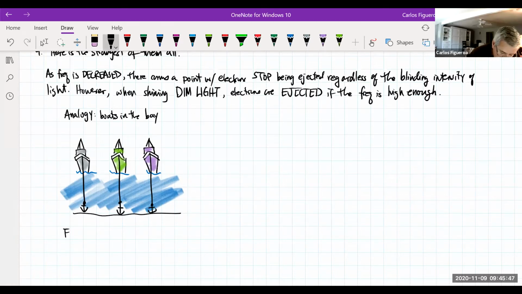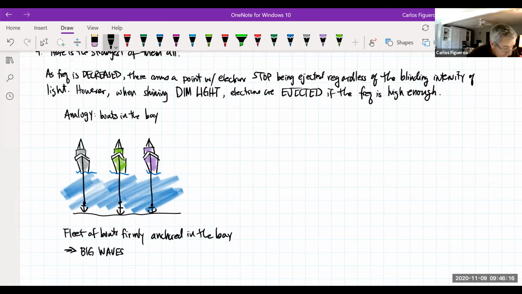So you have a fleet of boats firmly anchored in the bay. So here's what's important. What do I mean by firmly anchored in the bay? What that means here is that big waves cannot pull out the anchor.